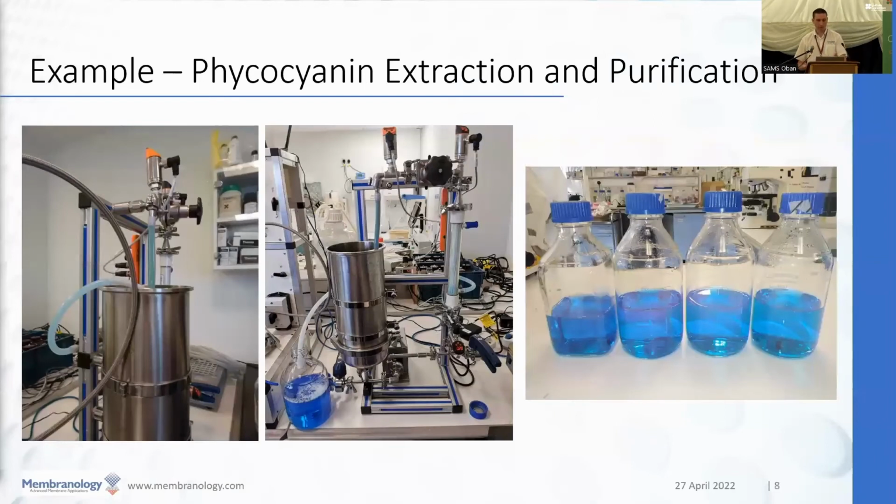Some other work: we did some work with Elliot here at SAMS, looking at phycocyanin extraction and purification using our benchtop systems, where we used a microfiltration type system to separate the phycocyanin from the biomass, and then another ultrafilter to purify and concentrate up the phycocyanin for further work.